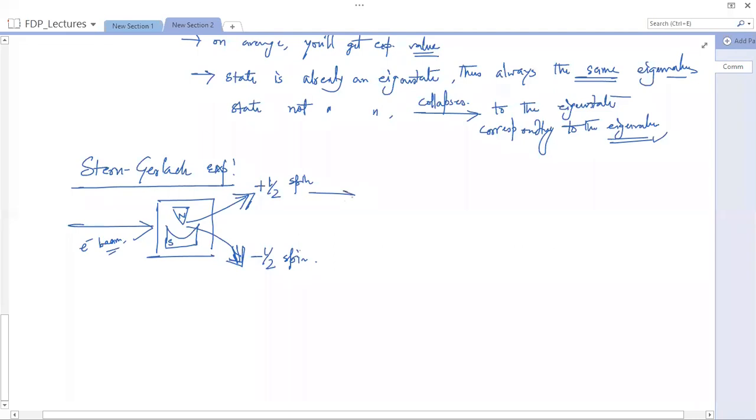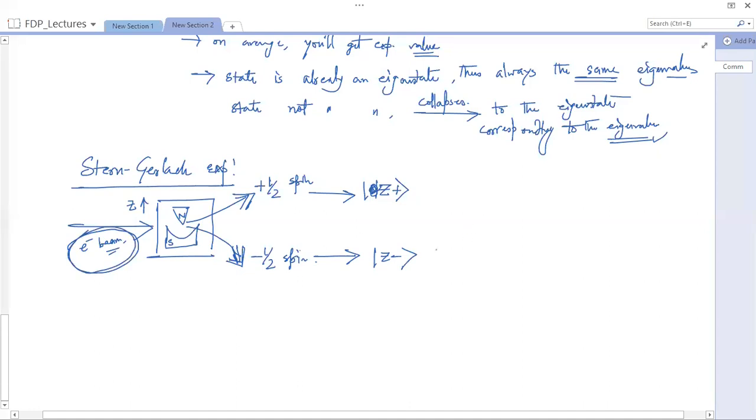When it goes to plus half spin, it goes to a state aligned with the z axis, z plus, irrespective of what you started with.